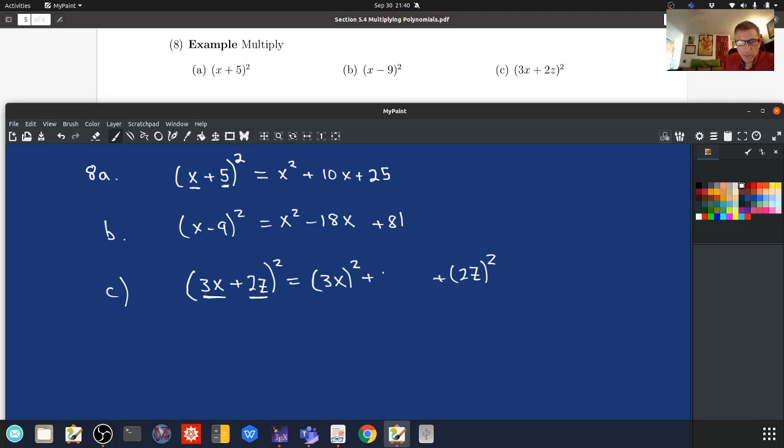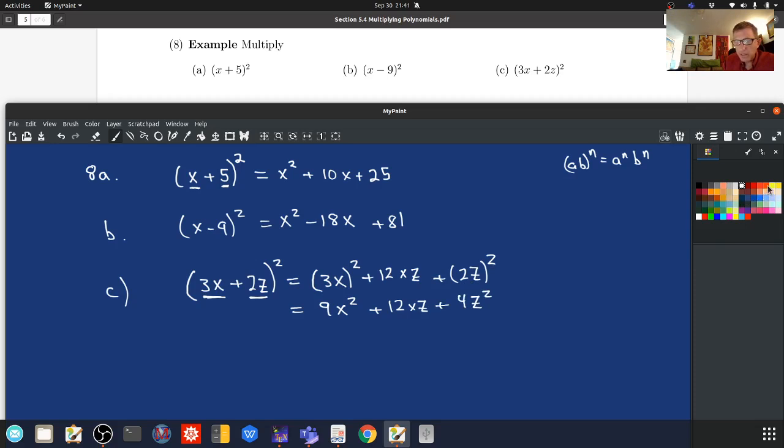So that's plus 12xz. So remember this rule, ab to the nth is equal to a to the nth, b to the nth. So this is equal to 3 squared, which is 9x squared, and that's 2z. 2 squared is 4z squared.